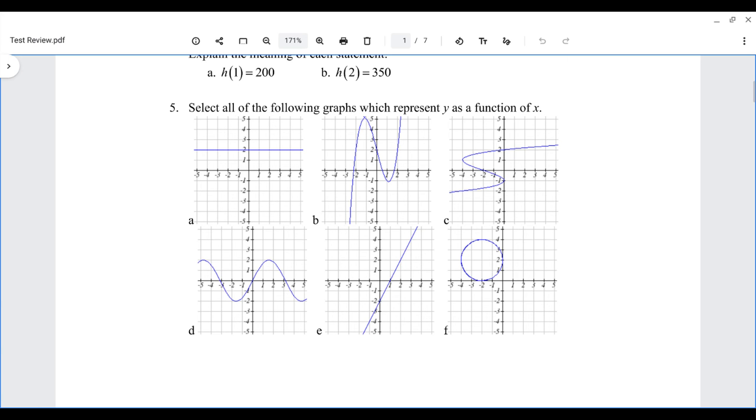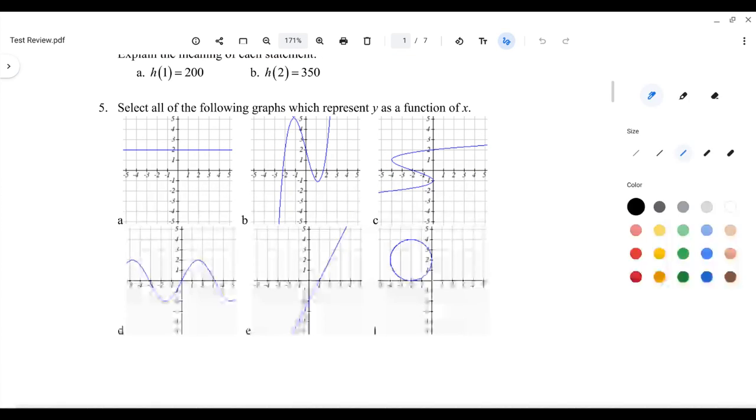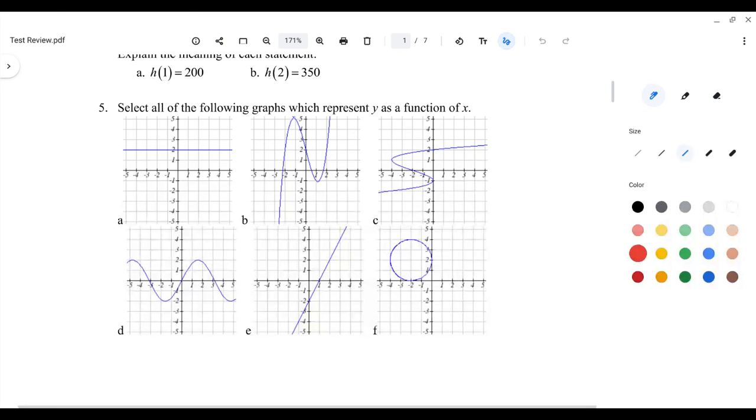If the vertical line intersects the function only once, everywhere on the function, it's a function. If it intersects the function several times, more than once, then it's not a function. So for here, all you have to do is draw the line.